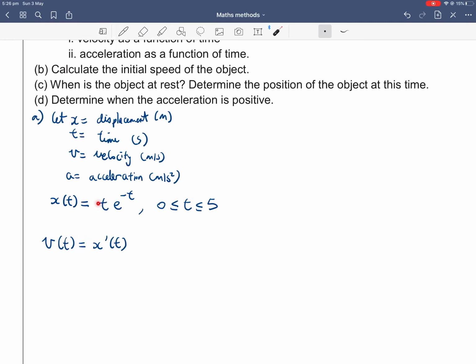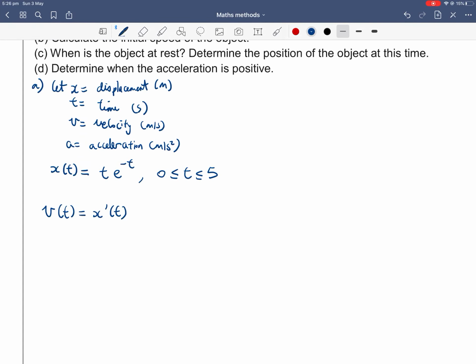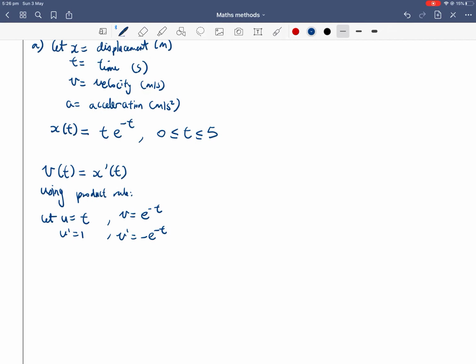Because our function has t lots of e to the negative t, we need to use the product rule because there's a multiplication in it. Using the product rule, let u be t, so u dash is 1. Let v be e to the negative t, so v dash is negative e to the negative t.